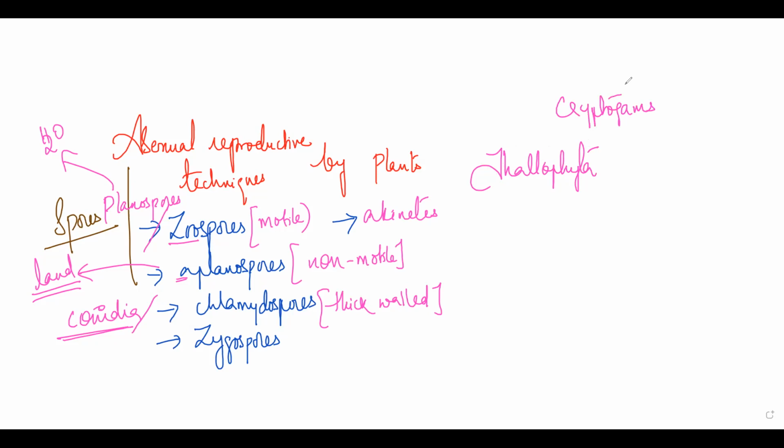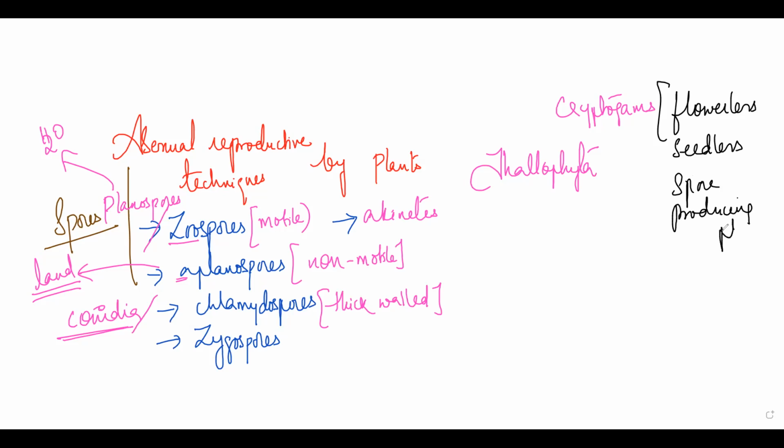Cryptogams are the flowerless, seedless, spore-producing plants. And under the cryptogams, we have Thallophyta, then we have the Bryophyta, and then we have Pteridophyta.